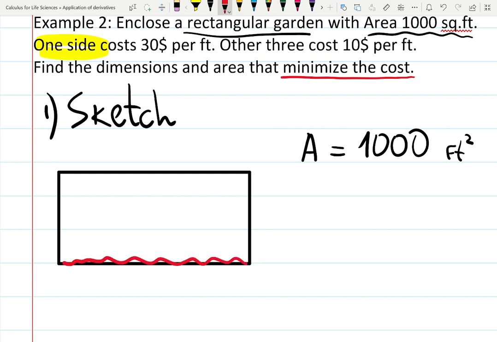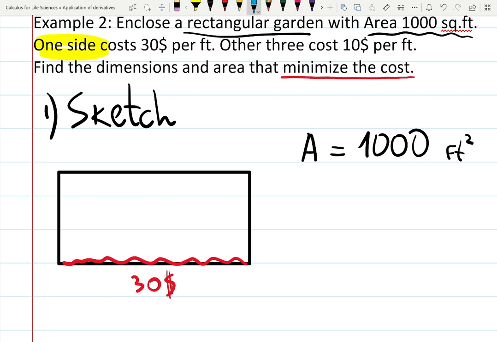Let's say maybe this one costs $30 per foot. For example, there are rocks there. The other sides are cheaper because you can just put wood, but there are rocks underneath that side, so you have to make it more stable, and that's why it's more expensive.